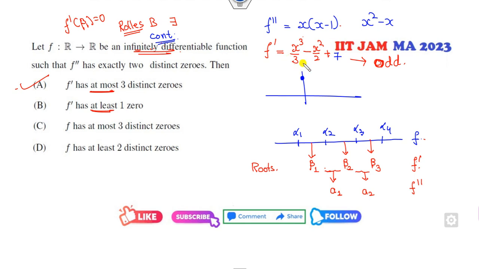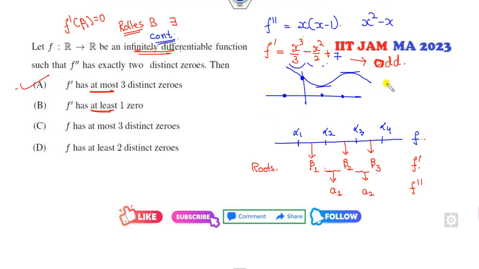How many positive roots are there? It has 2 positive roots. How many negative roots are there? There is 1 negative root. Fine. So the solution will be, okay, I can choose the function like this. I can choose the function like here.